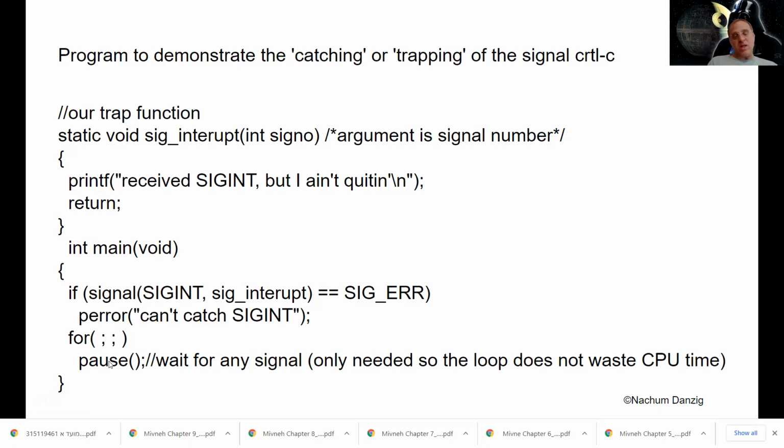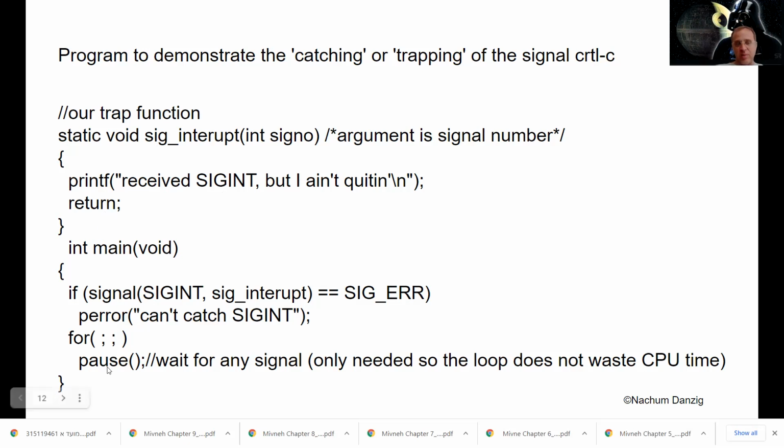So then what I do is I run this program and I hit Control C. And it'll get Control C and it'll say, oh, well, SIGINT is defined to run this function. So it'll run this function and it'll write on the screen, received SIGINT, but I ain't quitting. And then it will return. In other words, it won't end. It'll go back to this pause.